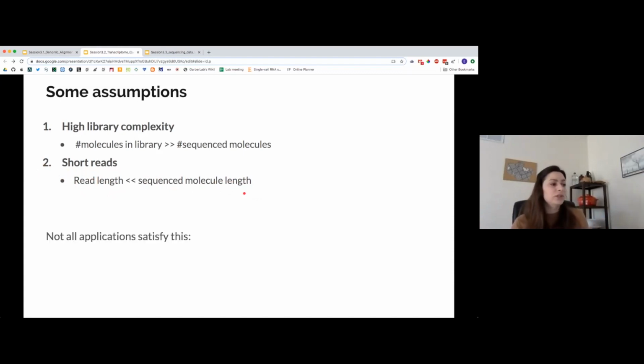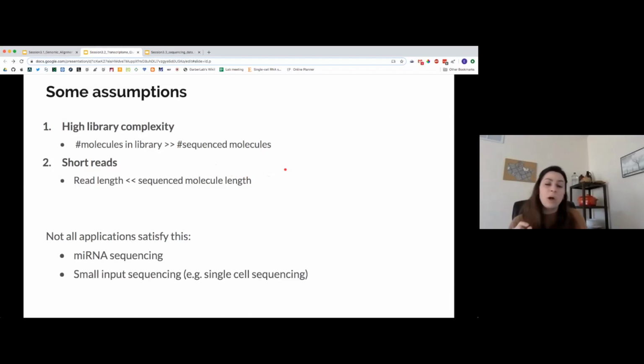Of course, not all applications satisfy this. This is what we're saying for regular RNA-seq libraries, but if you have microRNA sequencing, then you cannot expect that the read length is much smaller than the sequence molecule length, because microRNAs are short. So it has to be dealt with differently.